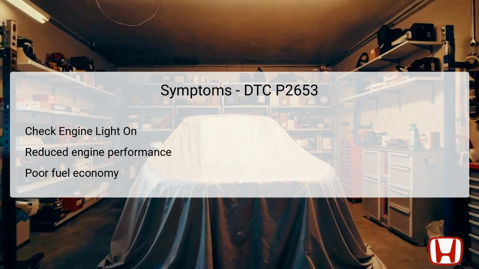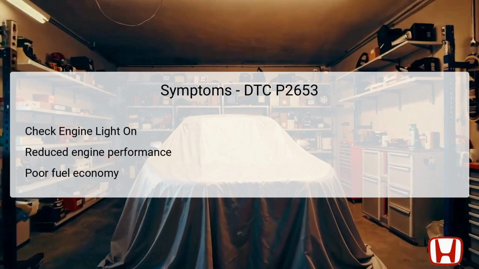When a vehicle triggers DTC P2653, several symptoms may manifest. The most noticeable indicator is the illumination of the check engine light on the dashboard, alerting the driver to an ongoing issue. As the rocker arm oil control solenoid B is vital for optimal engine performance, failing to operate can lead to reduced power output, especially during acceleration.